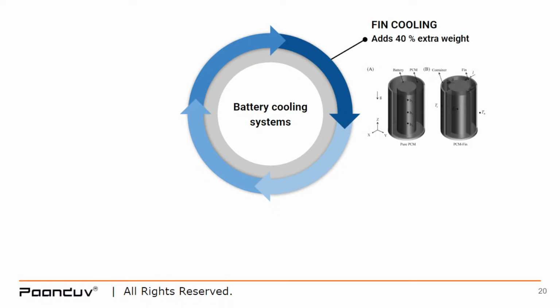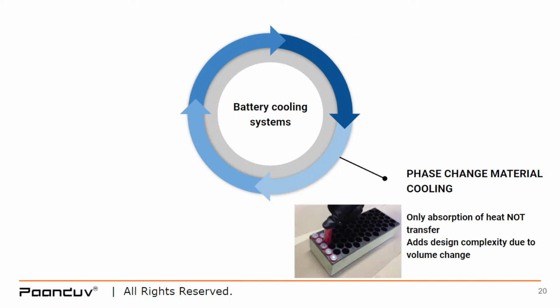The third one is fin cooling, which is a very traditional thermal management system typically used in our laptops, CPUs, and these types of devices. They can be used, but they add 40% weight, and with such dynamic aerodynamic systems as cars, this might not be the best way to go.